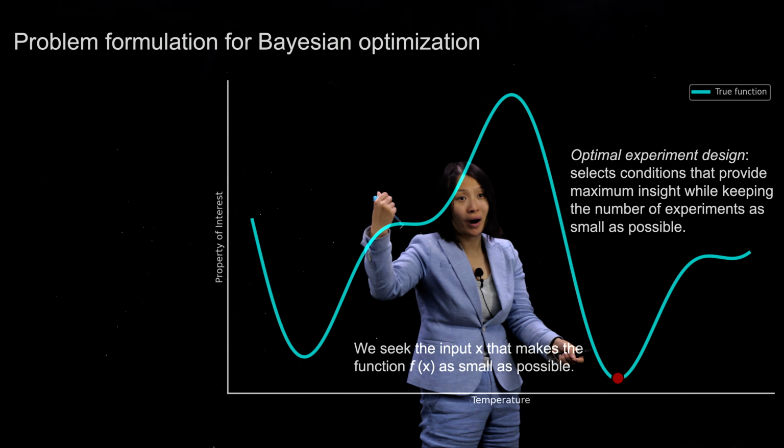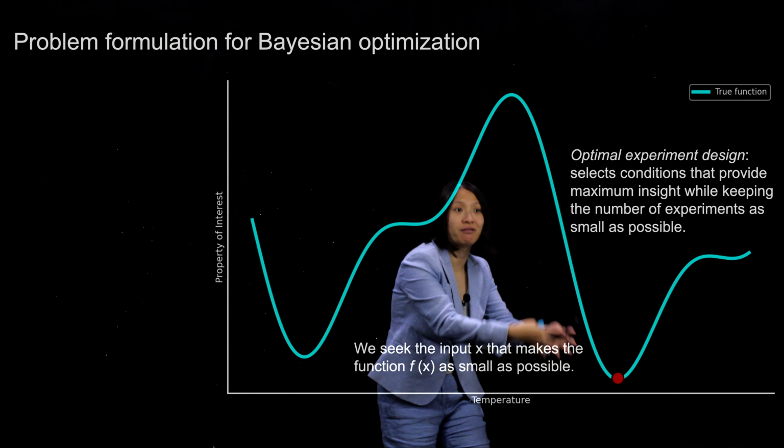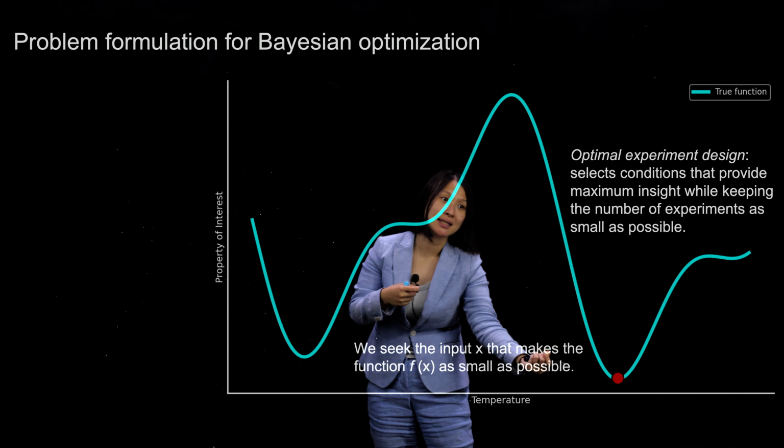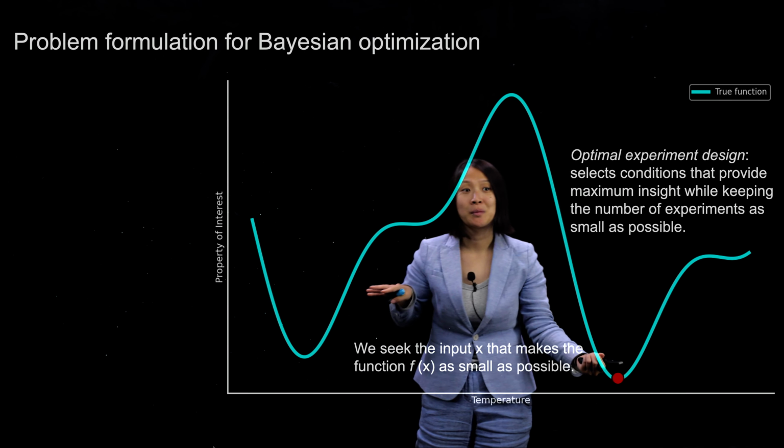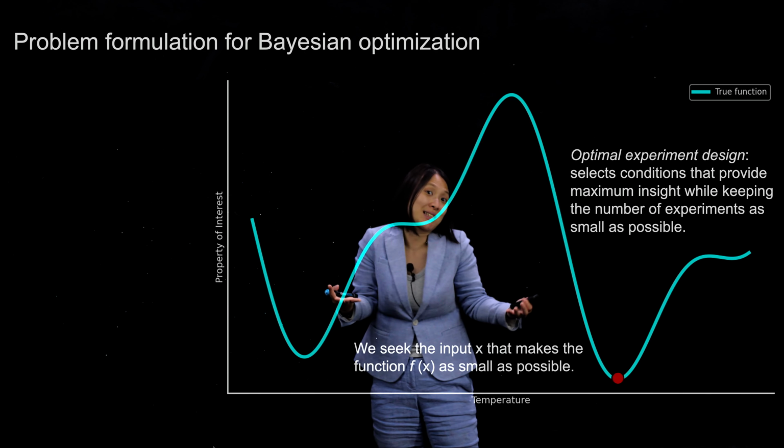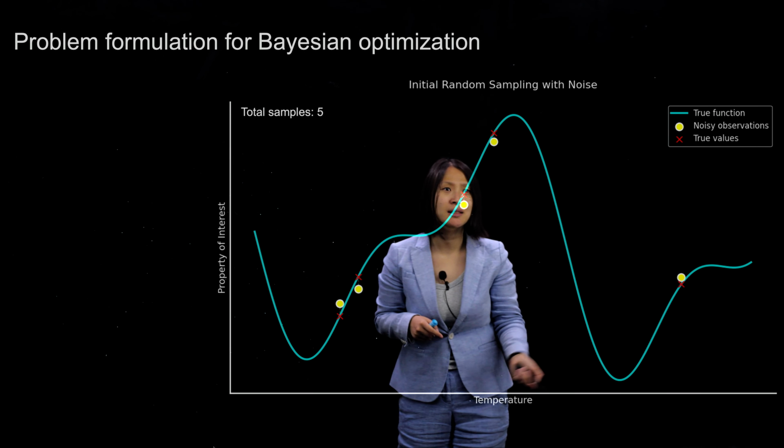Imagine this is our goal. From there, we can start to design experiments that navigate this parameter space and allow us to achieve our goal, which is to find the x that gives us the smallest property of interest. Maybe it's the defect level we are trying to minimize.